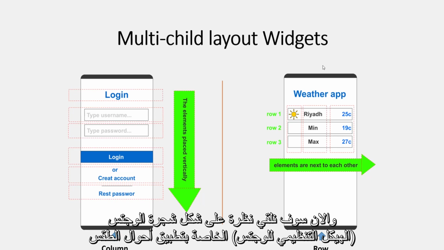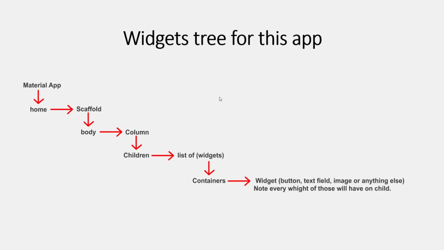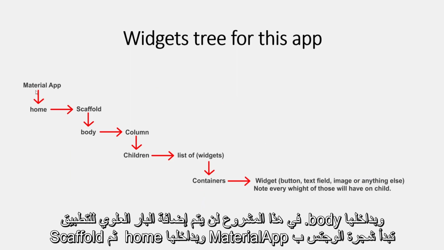So now let's have a look at the widget tree of the weather app. It starts off with the MaterialApp, and inside of it home, then inside of it Scaffold, and inside of Scaffold the body, as I mentioned before. And here I won't have the app bar because there is no need for it in this project.